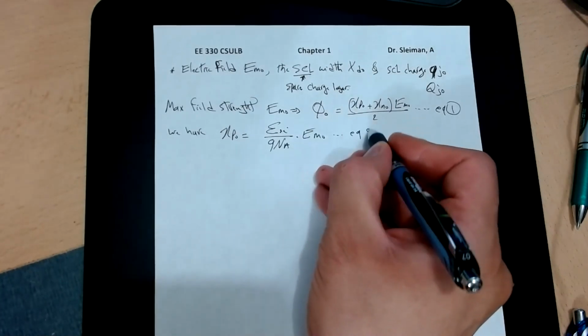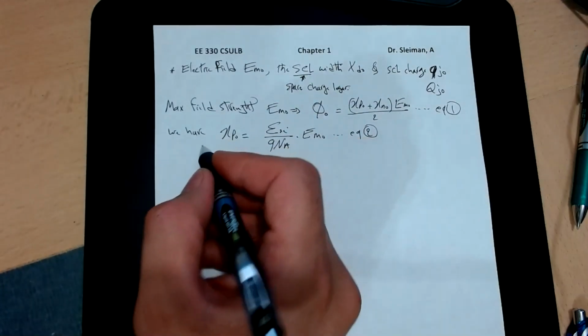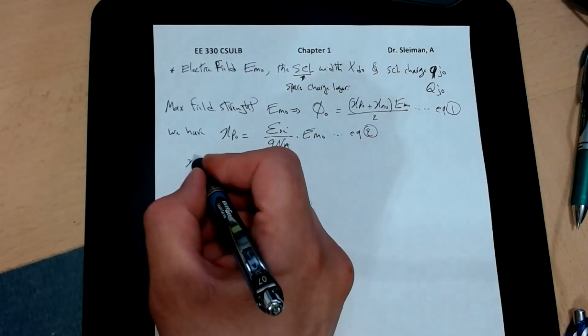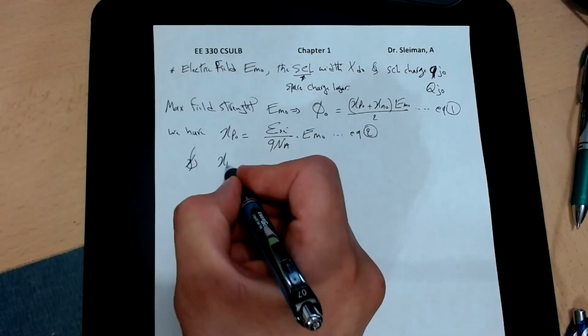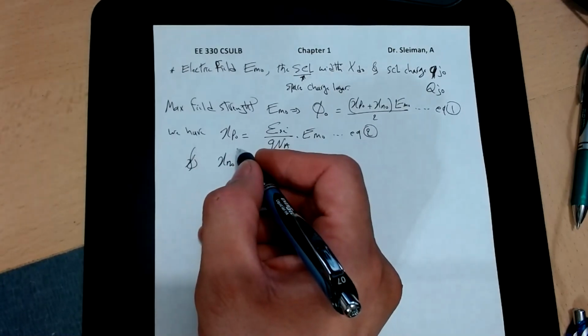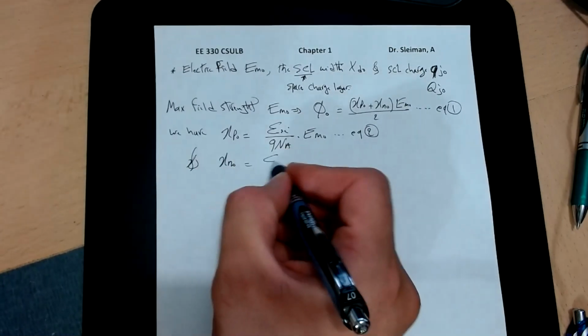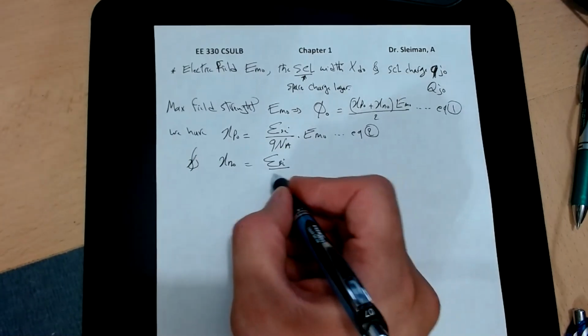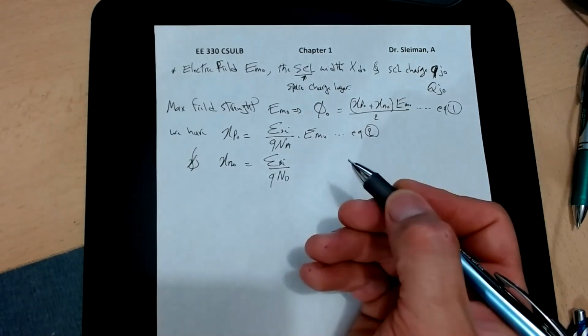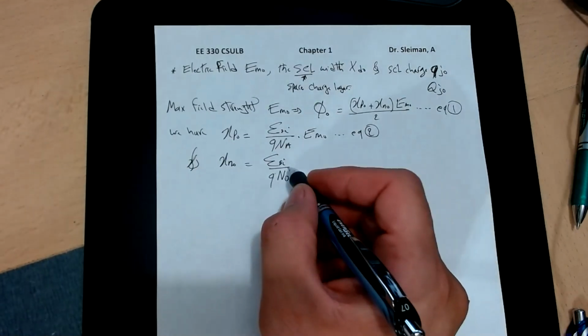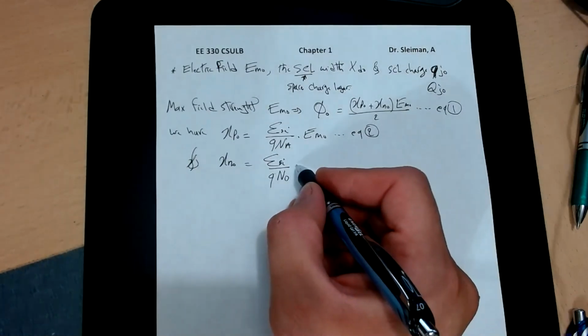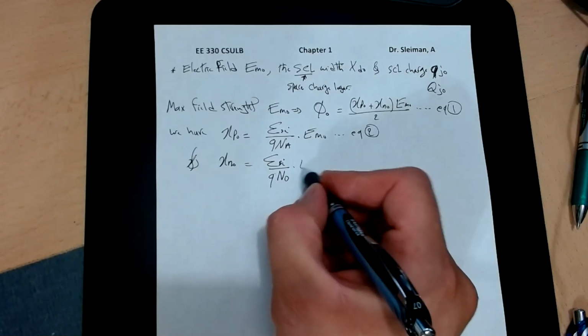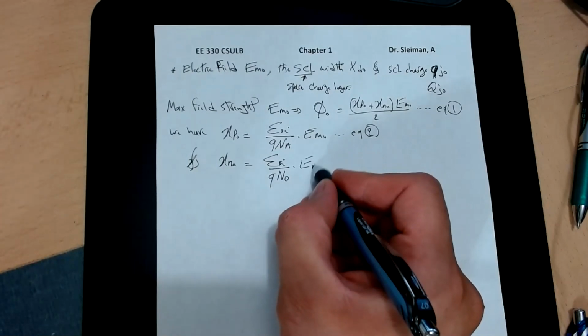So we're going to consider this our equation number 2. And also for the N-type, same thing. We're dealing with silicon. qNd is the concentration on the N-type, multiplied with Em0.